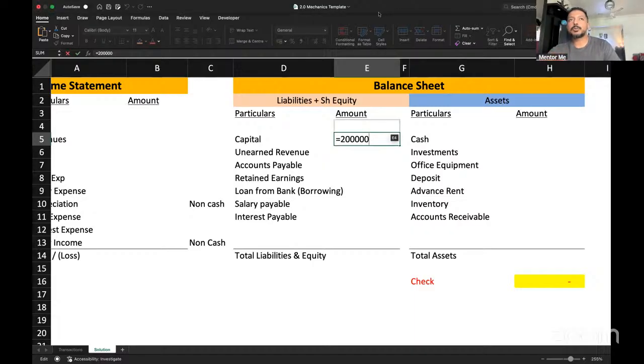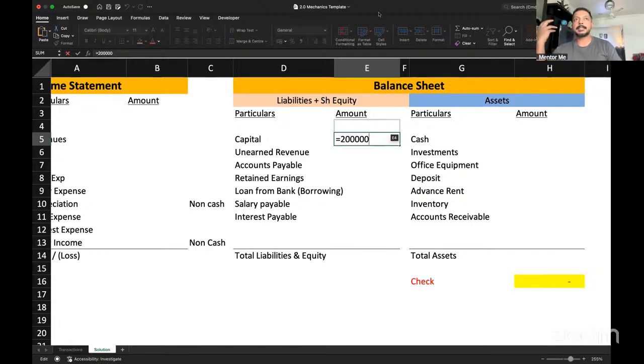Now tell me what should be the counter entry. Remember, a while back we were discussing that at every transaction, the balance sheet has to tally. So tell me, what should be the counter entry for this?